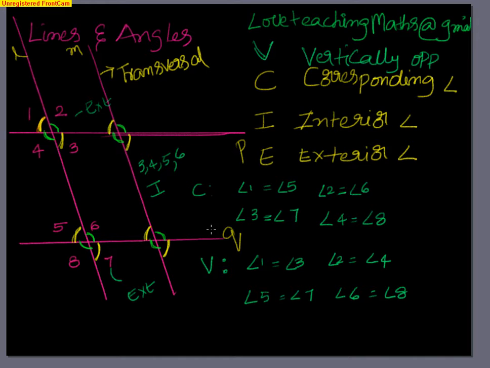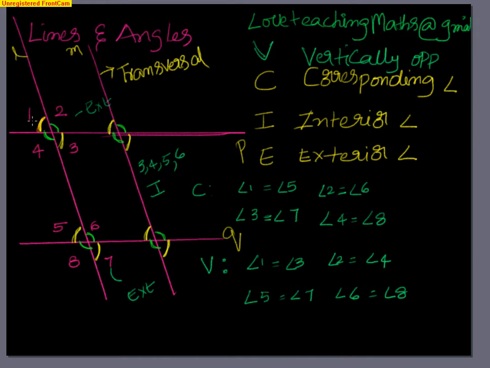Now from these two, can we derive any relationship? That's what we want to see. Let me repeat again. Corresponding angles are the same. We know corresponding angles means the angles which are at the same position. So here I am making an angle of 1, and here suppose I am making an angle of 5. They both will be equal because they correspond to each other.